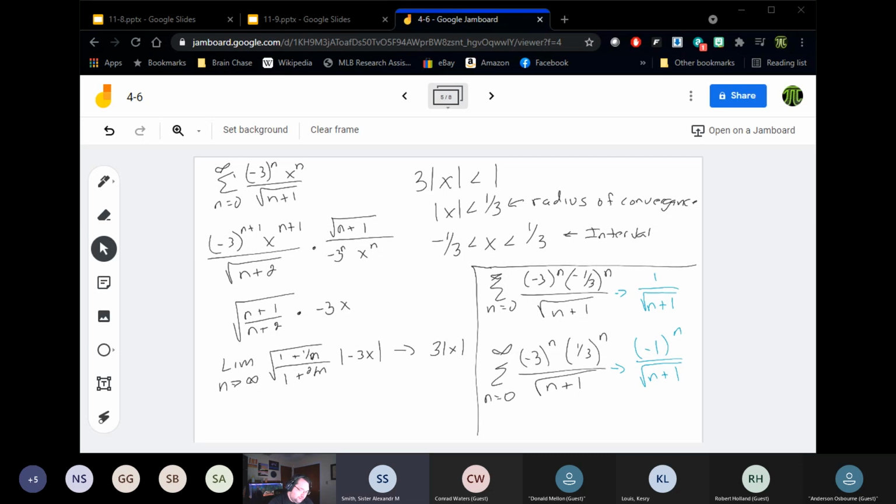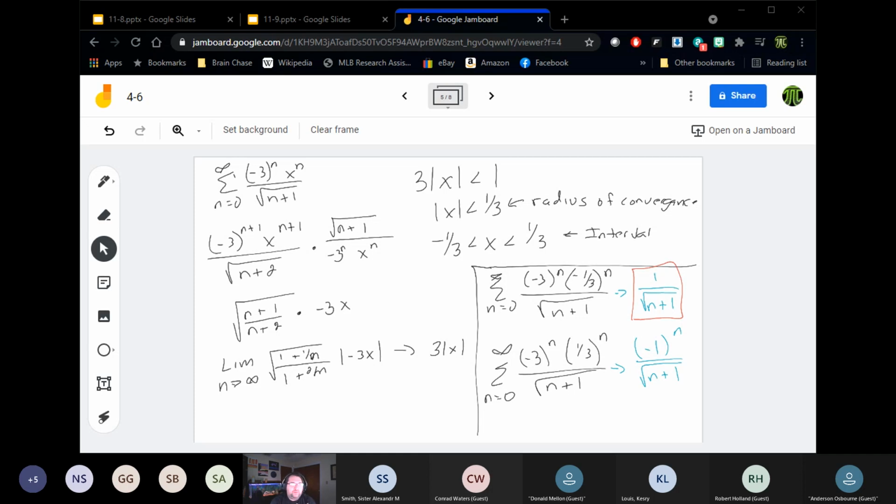Is it inconclusive because it's equal to 1? You're right. If you did the ratio test on this one, you're going to get that it's inconclusive. So you can't use the ratio test to determine if this part is convergent or divergent. If you do a test and it comes out inconclusive, you have to try another test.